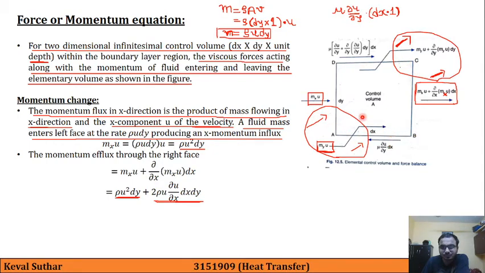Here this is the momentum entering, m_x into u, and this is the momentum leaving through face BC. We are considering this momentum equation only in the x direction, with a unit depth which is not visible in this figure. In this way we calculated the momentum influx and momentum efflux.